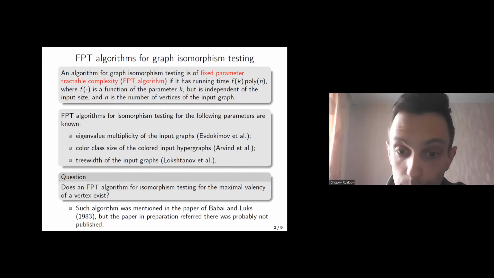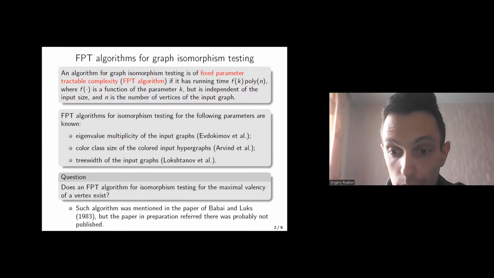Such an algorithm was mentioned in the paper of Babai and Luks in 1983, but the paper in preparation referred to there was probably not published. And as we can check, to date, it is not known whether such an algorithm exists. And maybe this is one of the main reasons to study this question and to do this work in general.